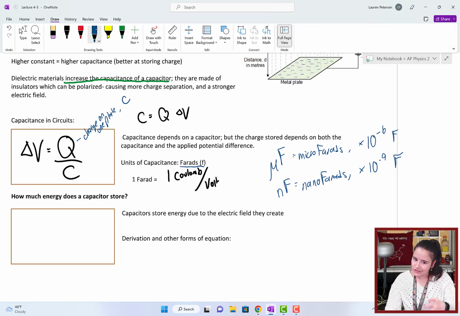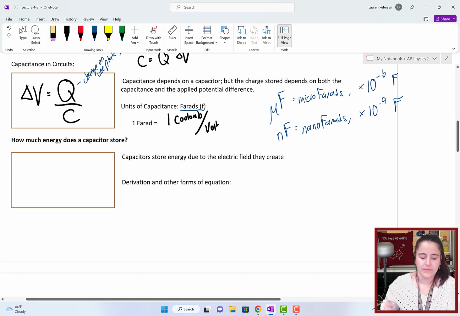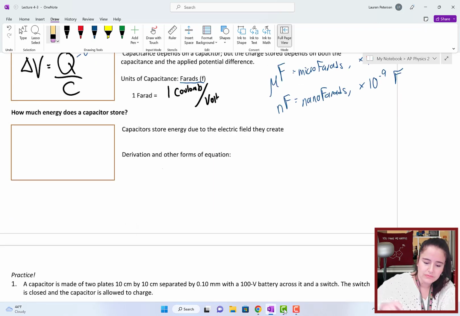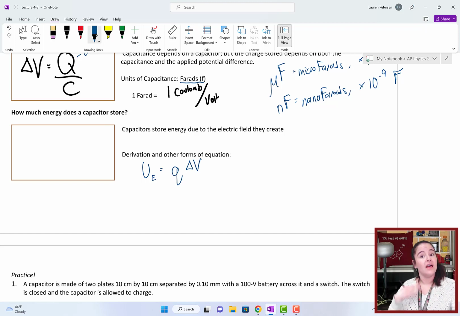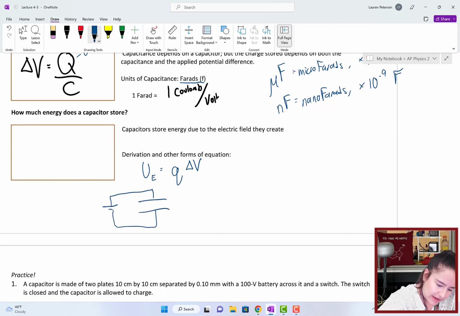Now, for the energy stored on a capacitor, it's stored in that electric field. So you might remember from our electrostatics unit that the potential energy of an electric field equals Q times delta V, that voltage that you have to apply. Now, if we apply this to a capacitor, we have some voltage of the battery, and it is going to push that charge onto the capacitor, and that's going to repel charge here and flow there.